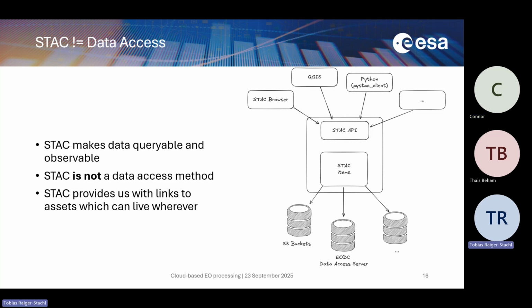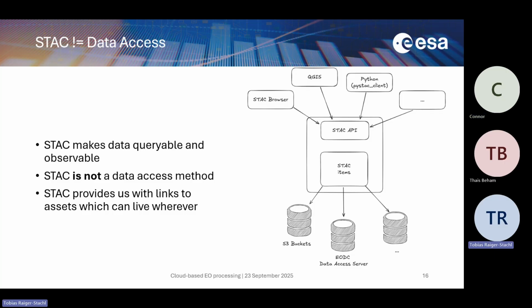So in our case, we have, of course, a huge data repository also at EUDC, but we also have some STAC collections, or at least links to, for instance, the metadata of the Copernicus data space ecosystem. On the drawing on the right side, you can also see again the power of the STAC API. STAC provides you with a STAC API, and since it is JSON based, there is already a wide variety of clients.